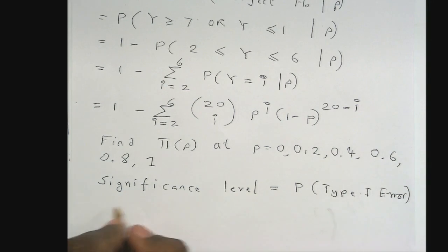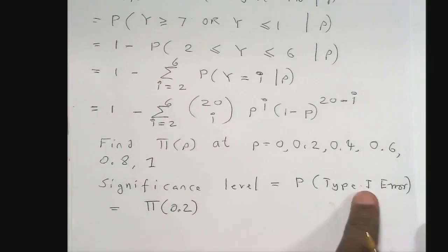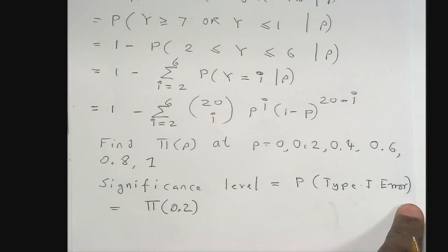And the probability of type 1 error is simply pi at 0.2. Because remember, P is equal to 0.2 under the null hypothesis. So the probability of type 1 error is simply the value of this function at P equal to 0.2. So that's it, guys. Right? I'll let you guys do the calculations because I don't have the calculator with me.